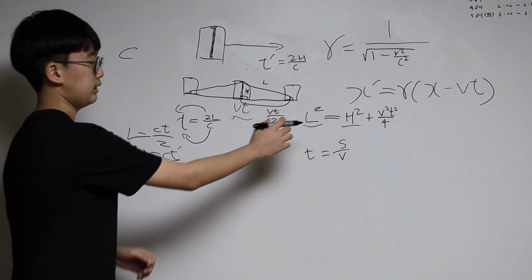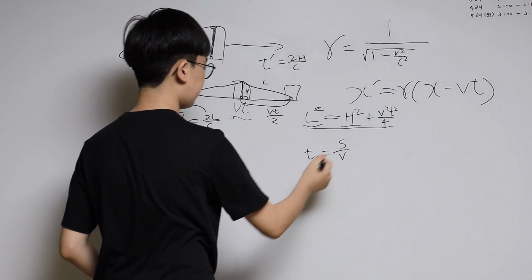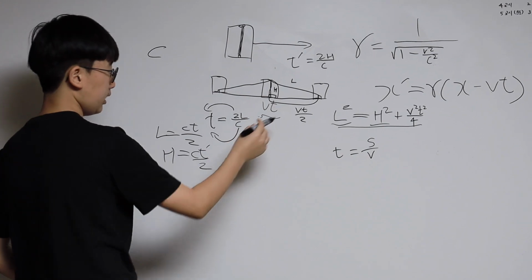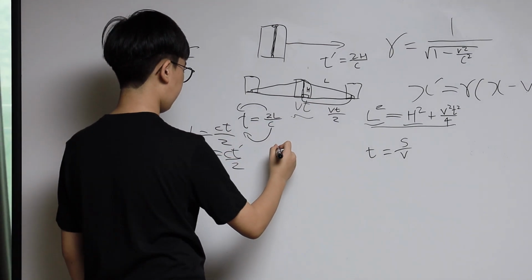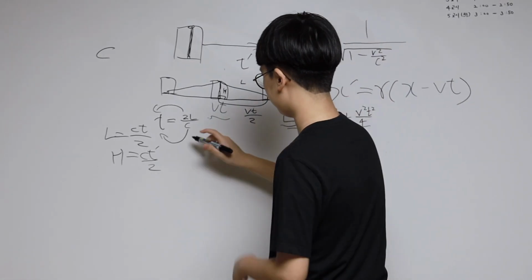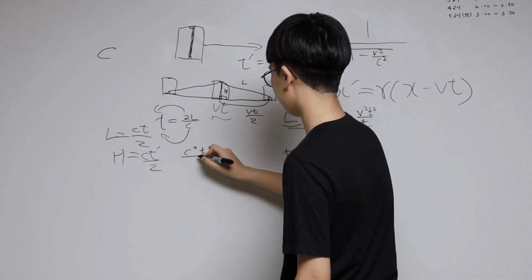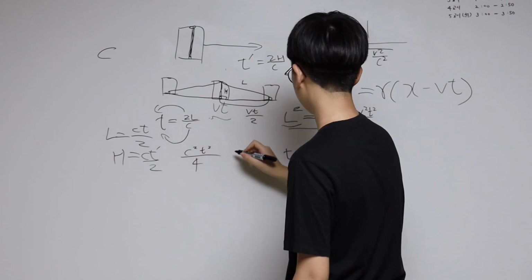And so now we write this down using this. L squared would be c squared t squared over 4.